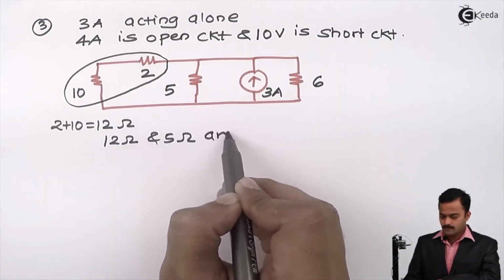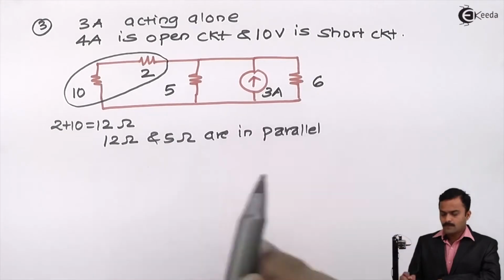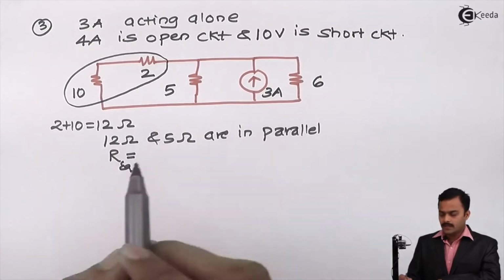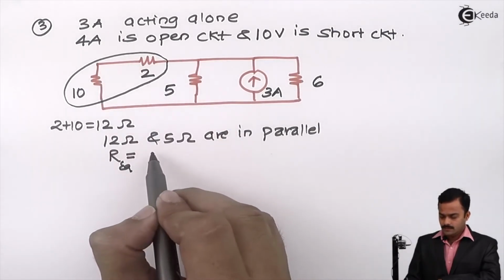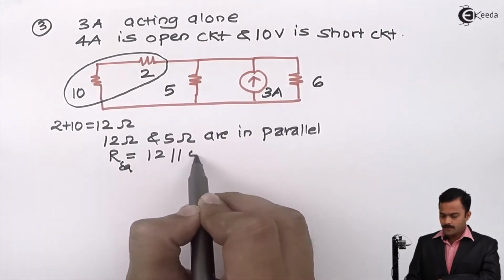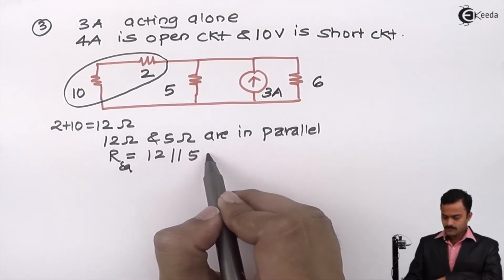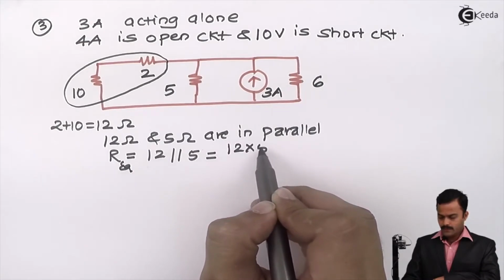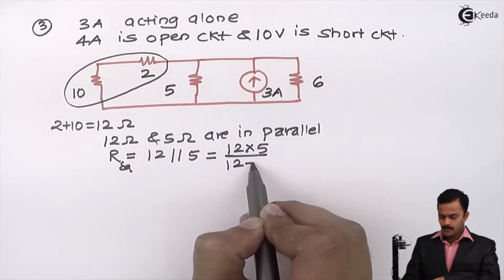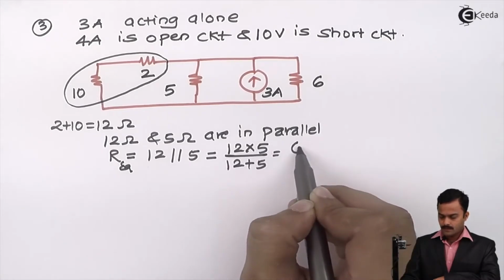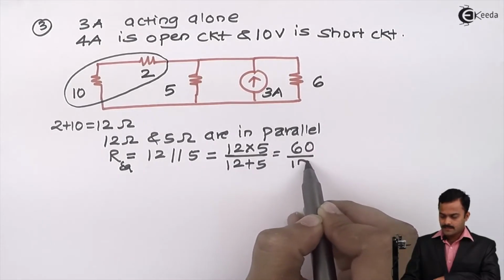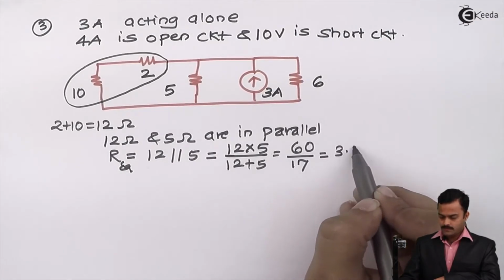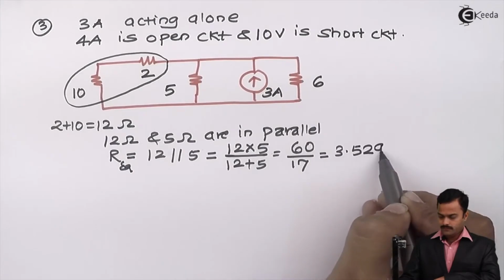So I am getting the equivalent of 5 and this 12 in parallel, which will be equal to 12 into 5 divided by 12 plus 5, 60 divided by 17. So the answer is 3.5294 ohm.